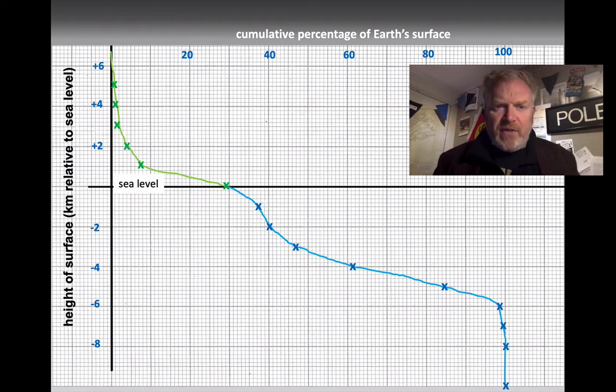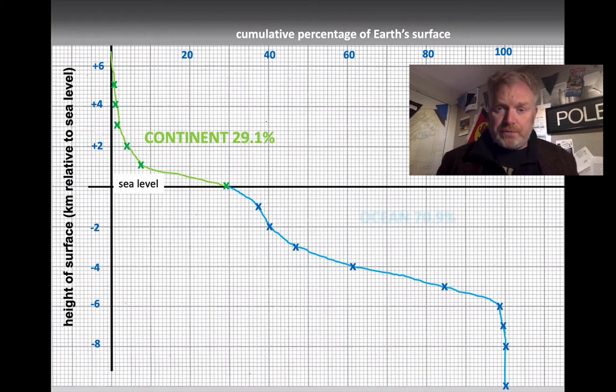You can see that we have very little at the extremes. Most of the Earth's surface is actually in two groups. The continents consist of about 29.1% of the Earth's surface.